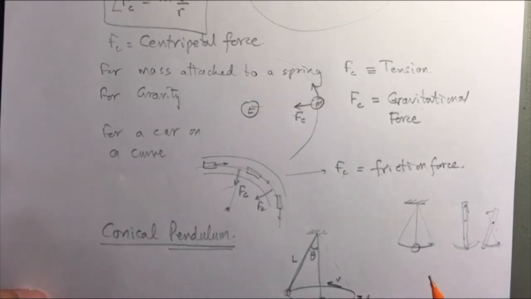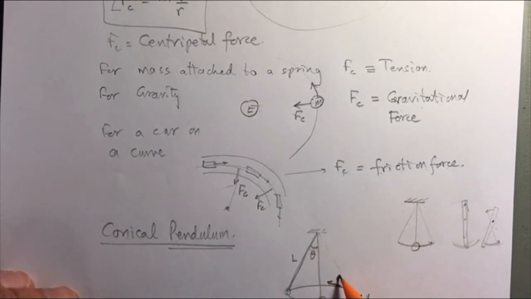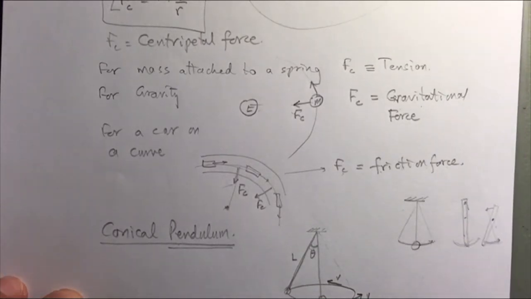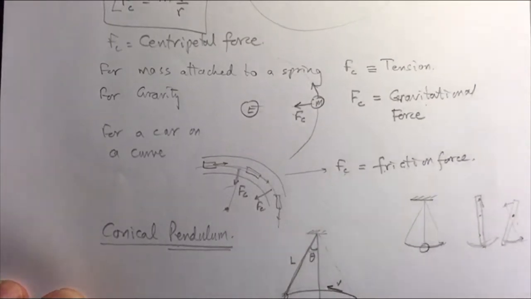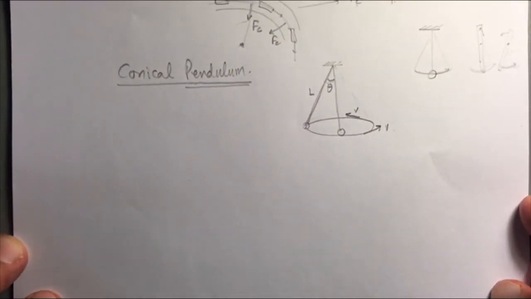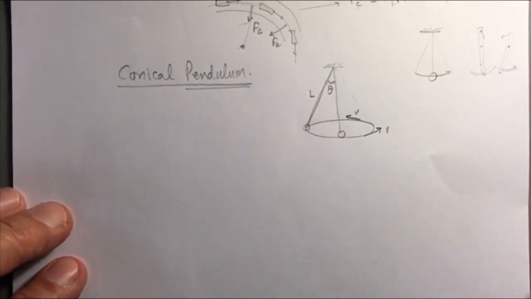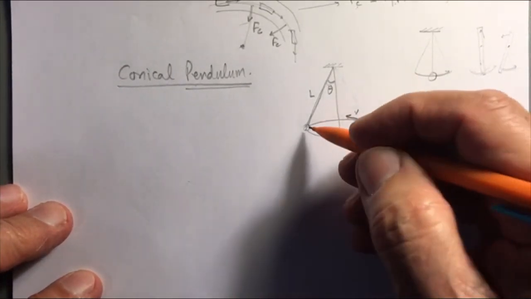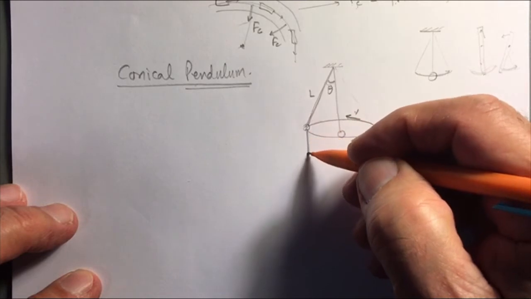Okay, so now we want to solve this. We want to find an equation between v, theta, and L. First thing to do, as always, is make a free body diagram.